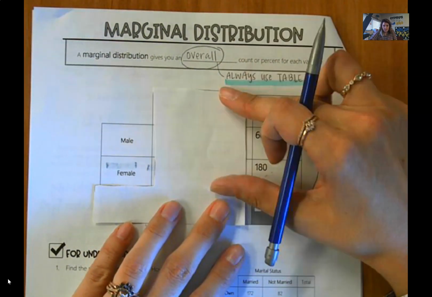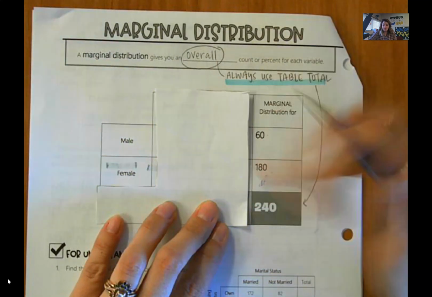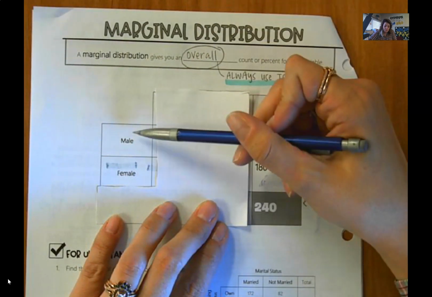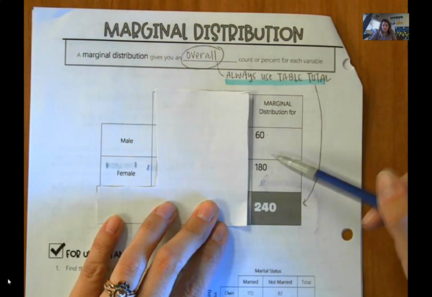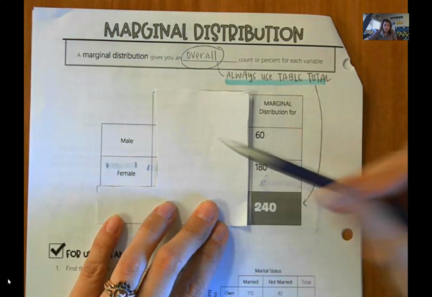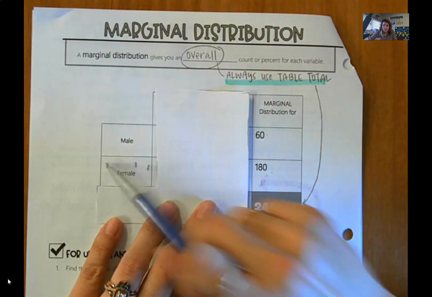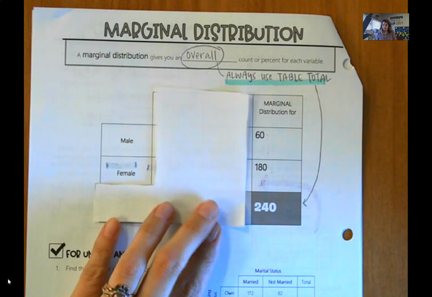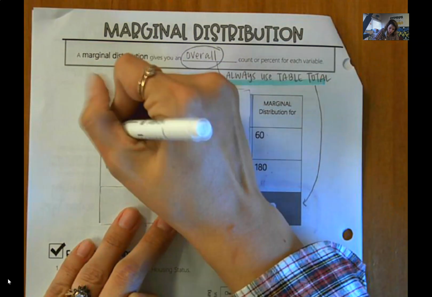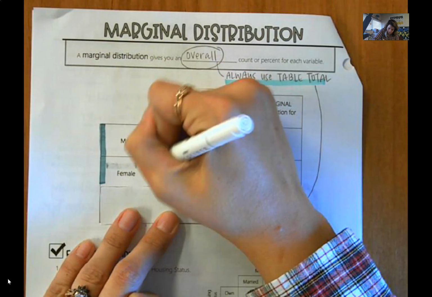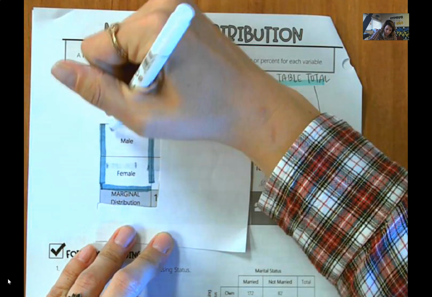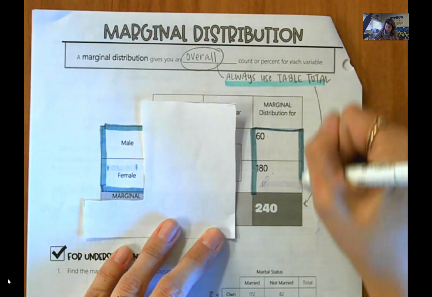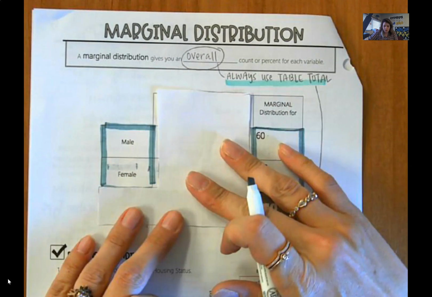If I cover this up just like so, the only information I care about when I do a marginal distribution is the variable that they're asking about and that variable's totals. Notice that they're across from each other in the table and they're going the same direction. So this one is vertical. When I calculate this marginal distribution, it's across the table and also vertical.